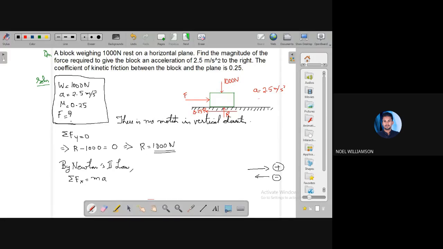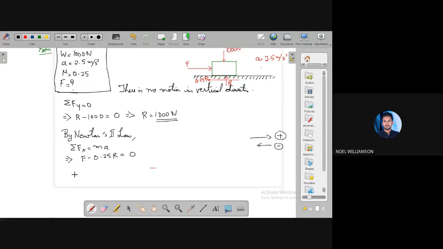Here we take this as positive, so we can write F minus 0.25 R equal to m into a.